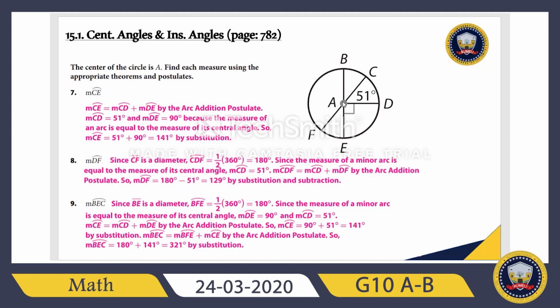It is 180 plus 141, which is 321. So the measure of this angle here is 321. So the measure of my arc BEC is equal to the measure of the angle BAC from this side, the big one, which is equal to 321.